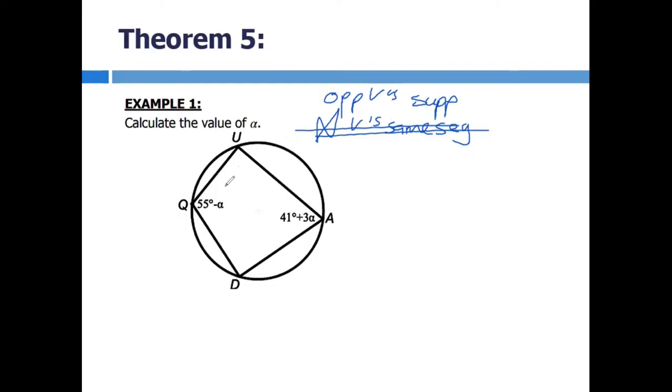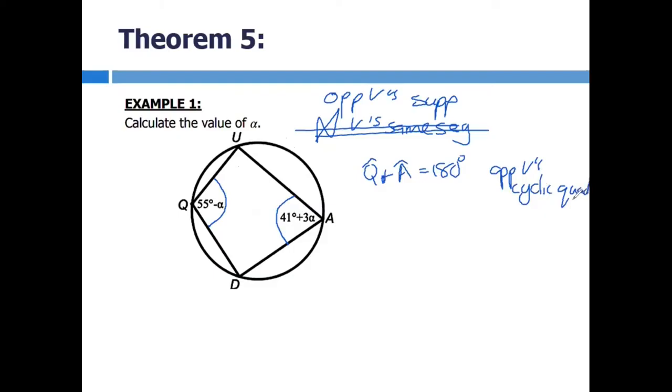Okay, so a whole lot of you have solved it and that's fine. Some of you typed it in as the equation, but yes, these opposite angles will add up to 180. So angle Q plus angle A is 180 degrees, and that is opposite angles of a cyclic quad.